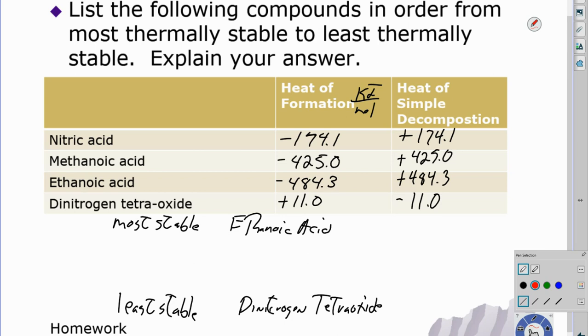So methanoic acid is your next one at 525, and then nitric acid as your third in your list from most stable to least stable. So any questions on that?